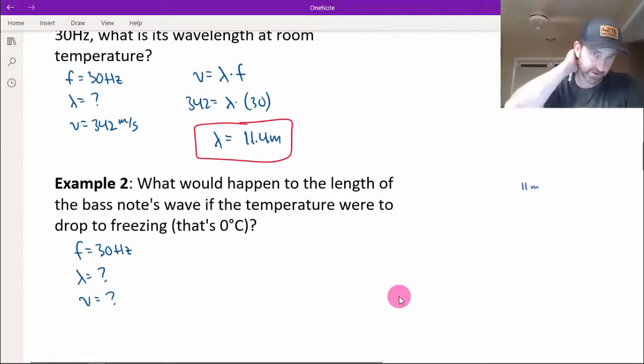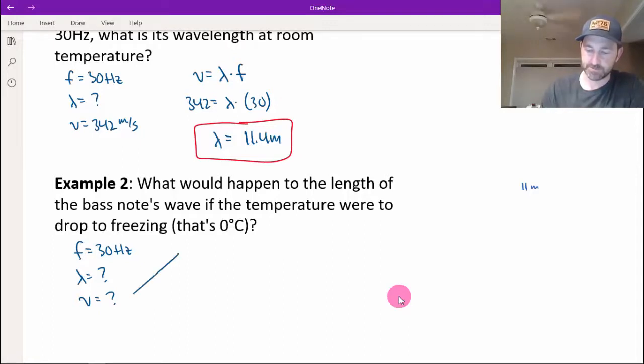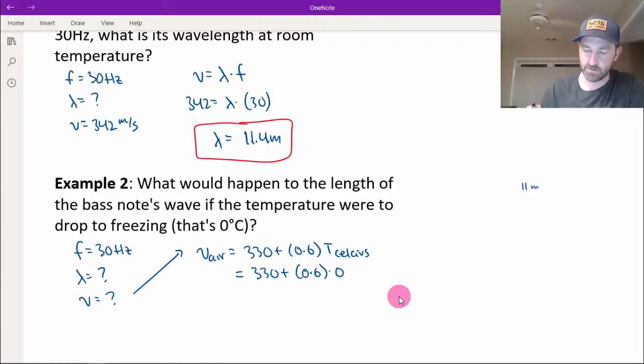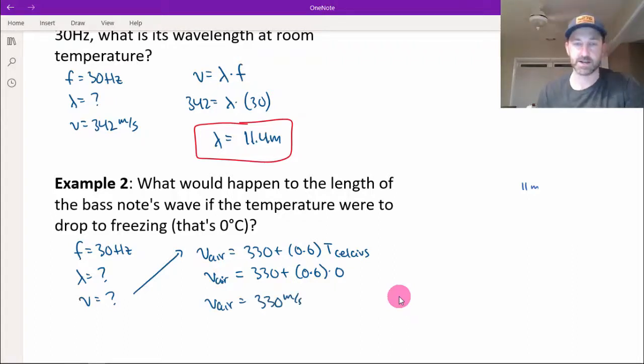Because I'm not at 20 degrees, not in regular room temperature air anymore, I have to calculate the velocity. The velocity of sound in air is going to be 330 plus 0.6 times the temperature in Celsius. That would be 330 plus 0.6 times 0, so the velocity of the sound in air is just going to be 330 meters per second.